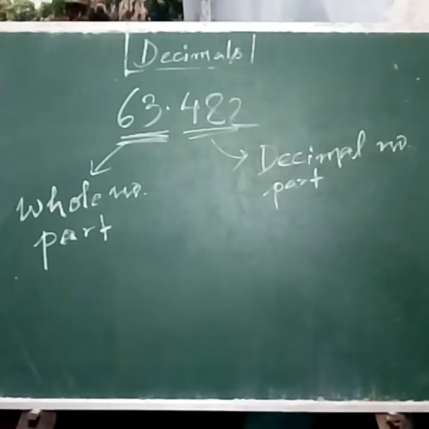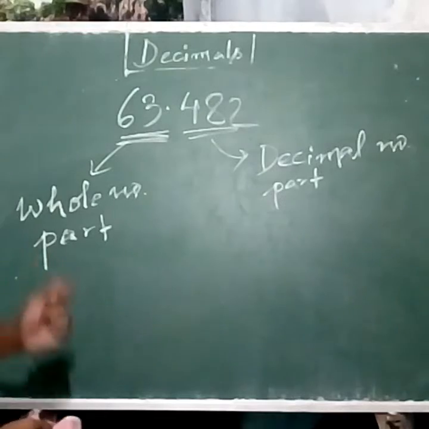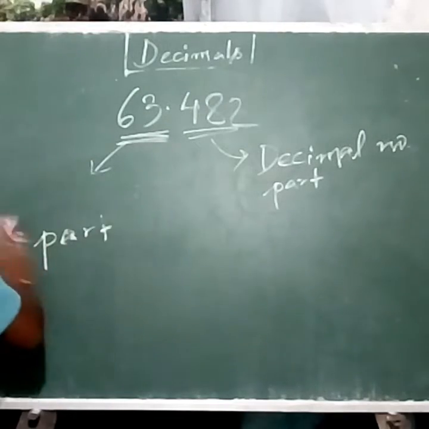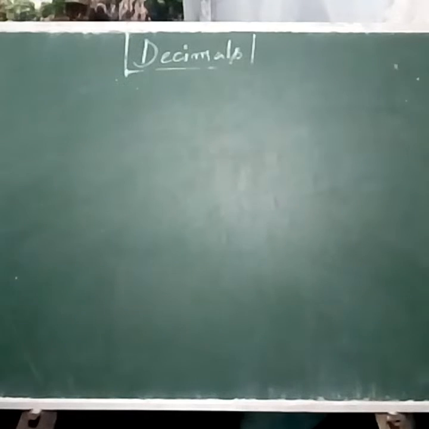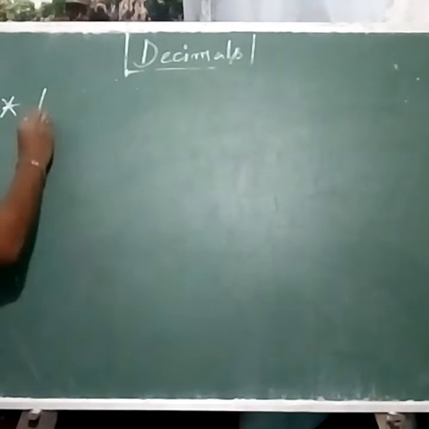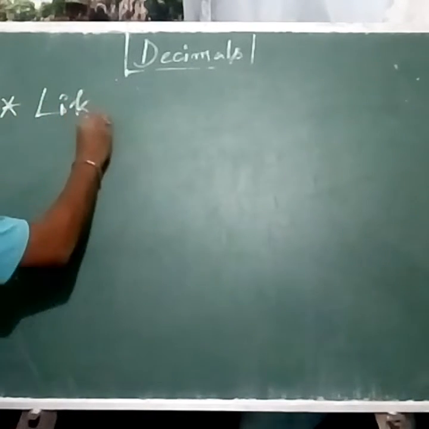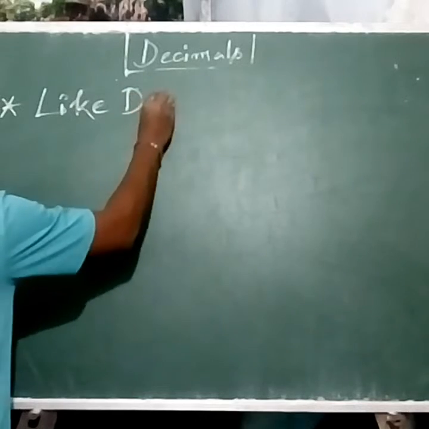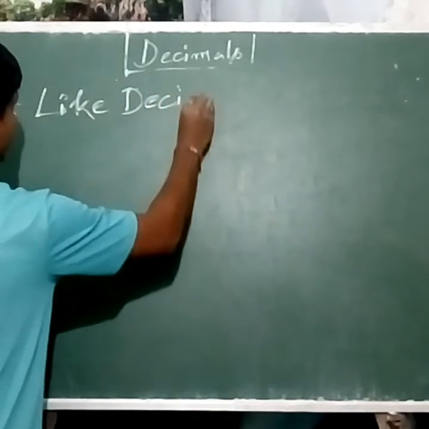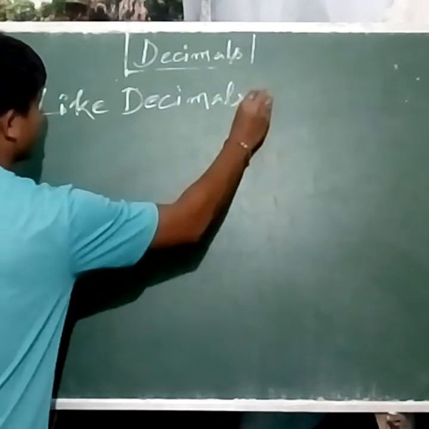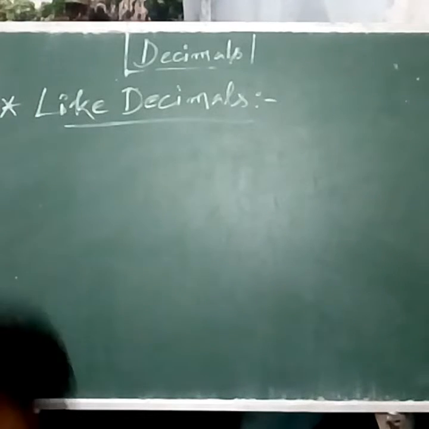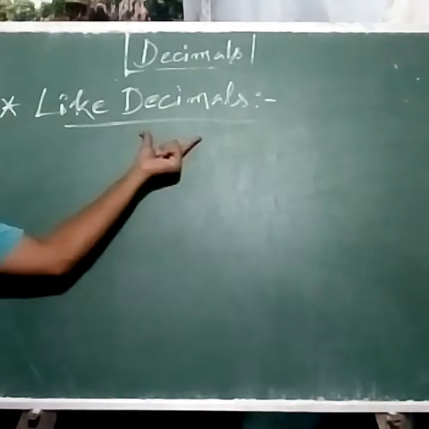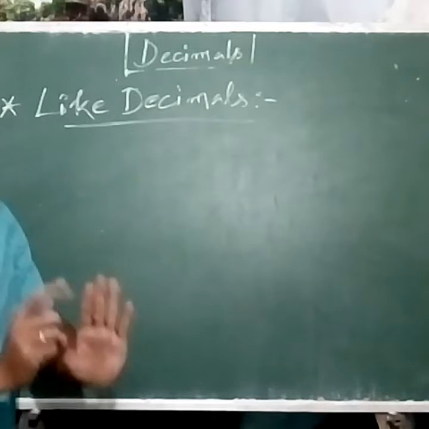So you can pause the video and try to understand it. Now, the other one is like decimals. This kind of decimals are the decimals having the same number of decimal places.